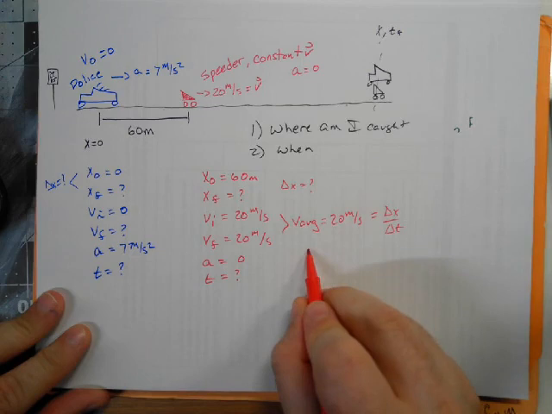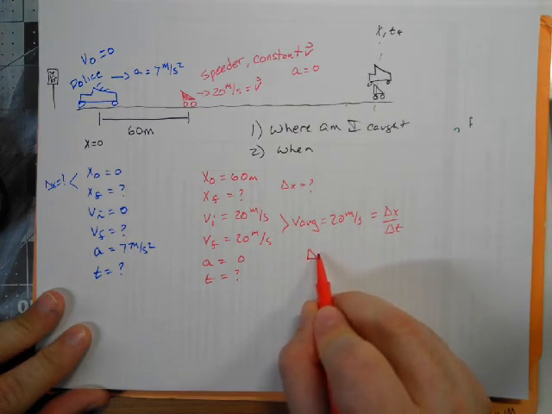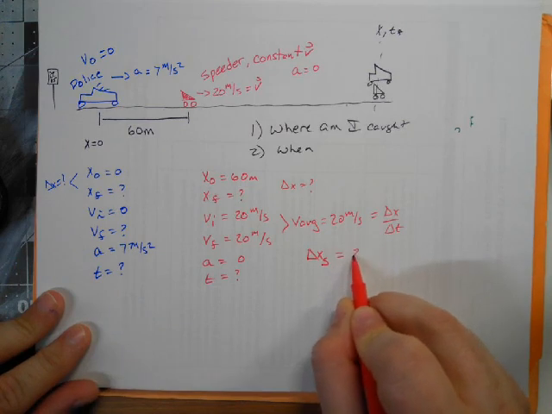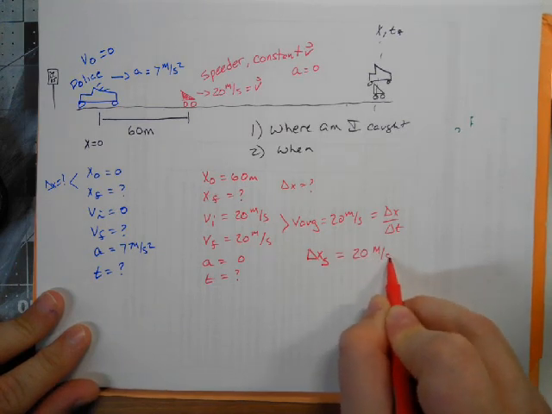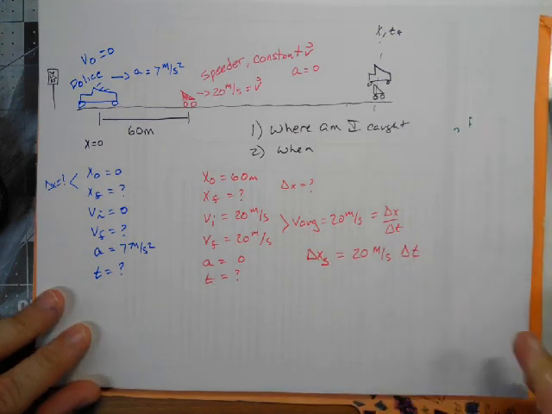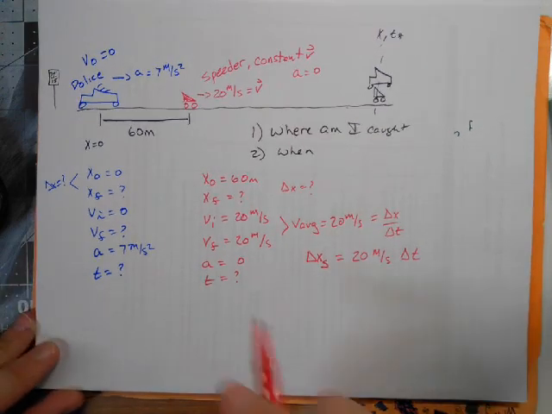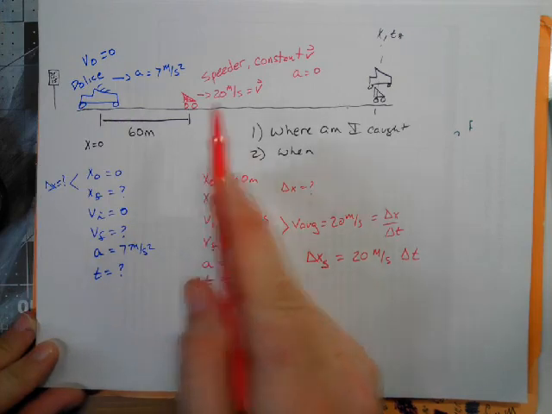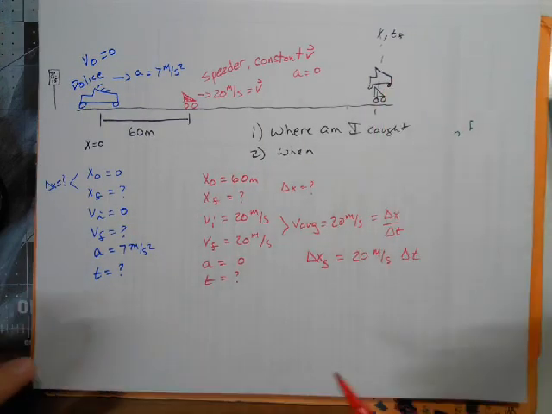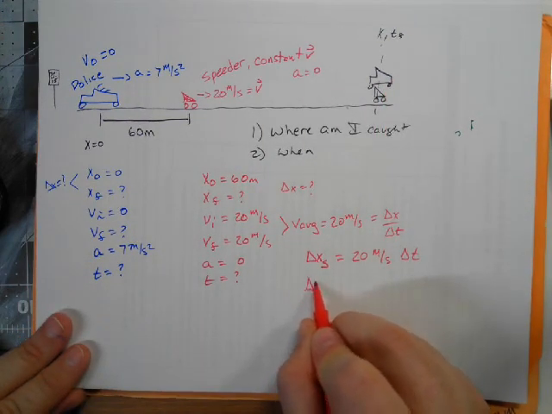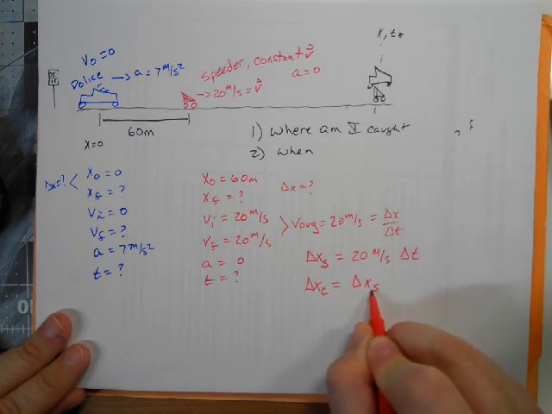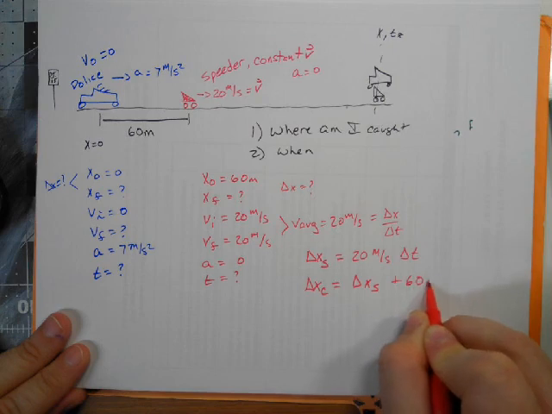So we can say delta X for the speeder is 20 meters per second times delta t. Now, whatever happens, the cop has to travel 60 extra meters to meet at the same spot. So we can also say that delta x for the cop is delta x for the speeder plus 60 meters.